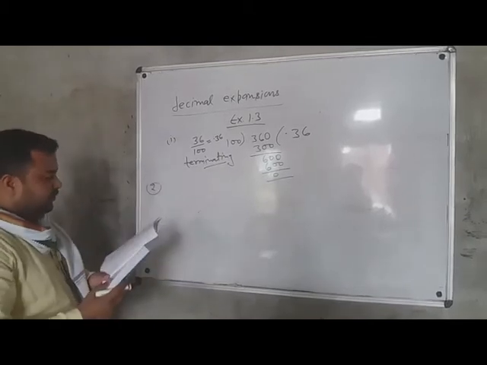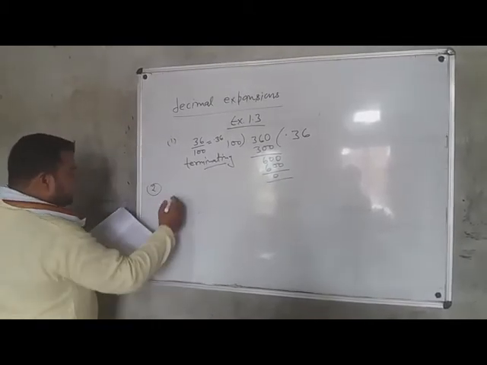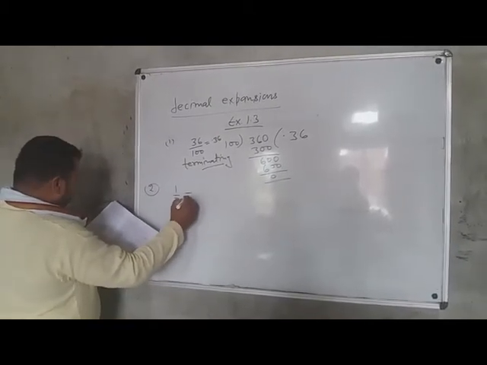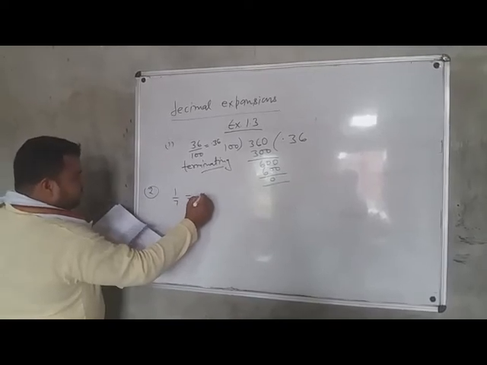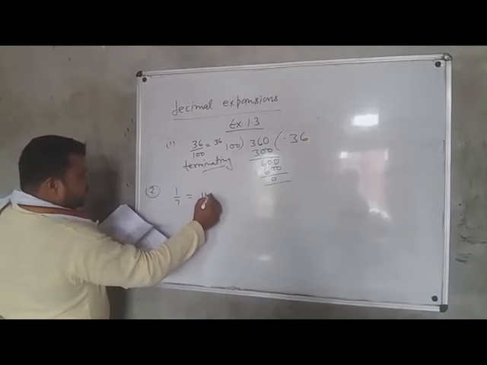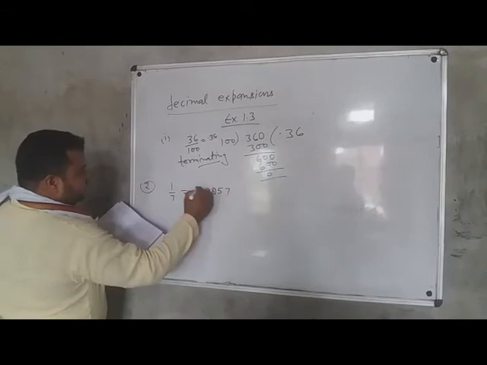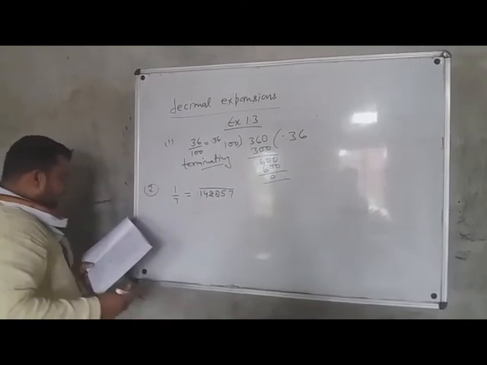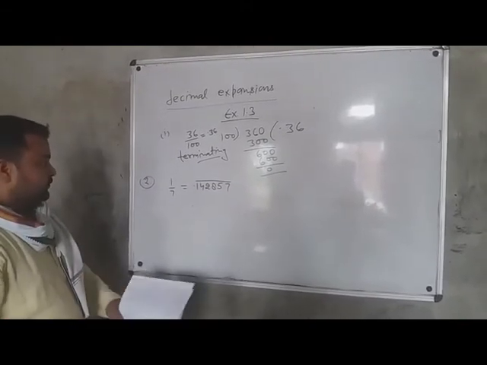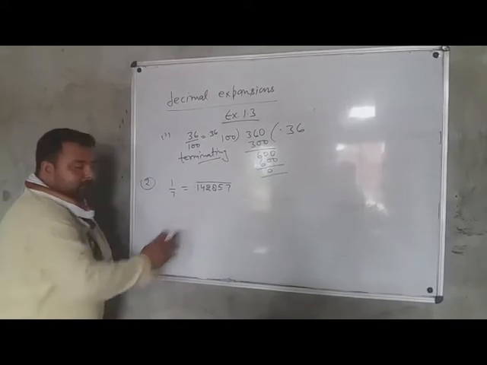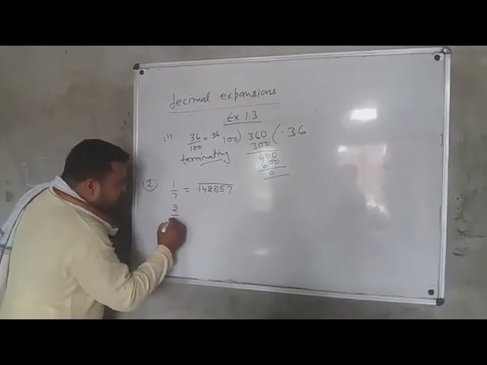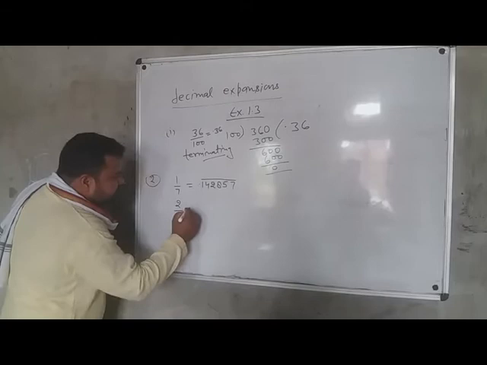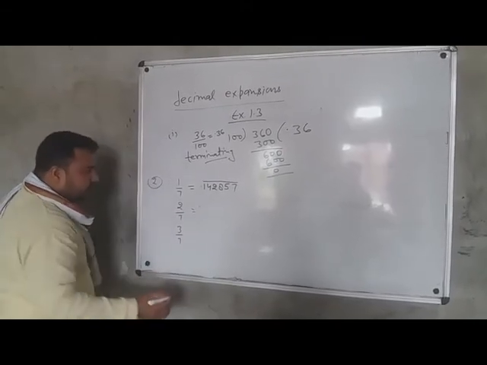It is a very simple question. 1 by 7 is given as 0.142857 repeating, and 2 by 7, 3 by 7 and so on are being asked.